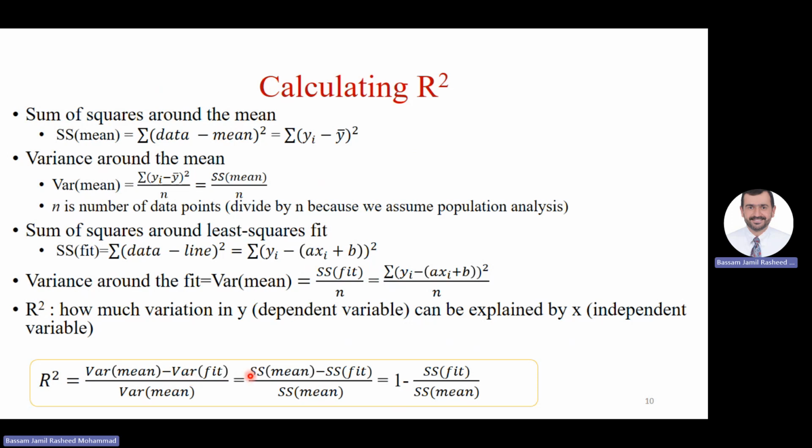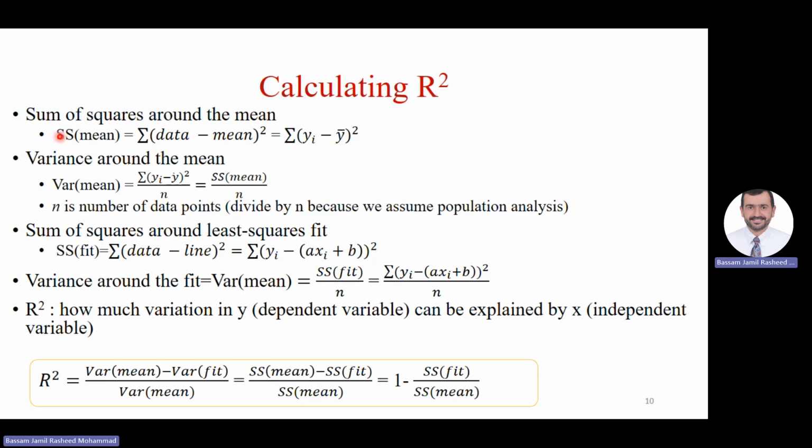So the sum of squares around the mean, because we want to compute the variance around the mean. Did I say variation? I'm sorry, variance around the mean and variance around the fit. So we want to compute the variance around the mean.